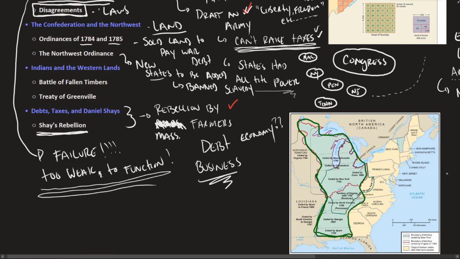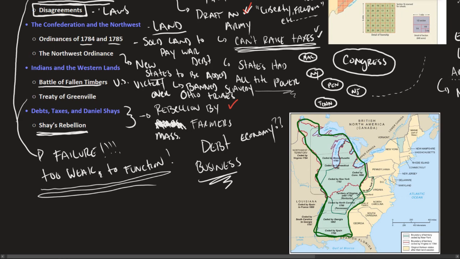However, though, as we know, that land in the West was not uninhabited. Native Americans occupied those territories for a very long time. The Battle of the Fallen Timbers was a U.S. victory over what we're just going to call Ohio tribes.